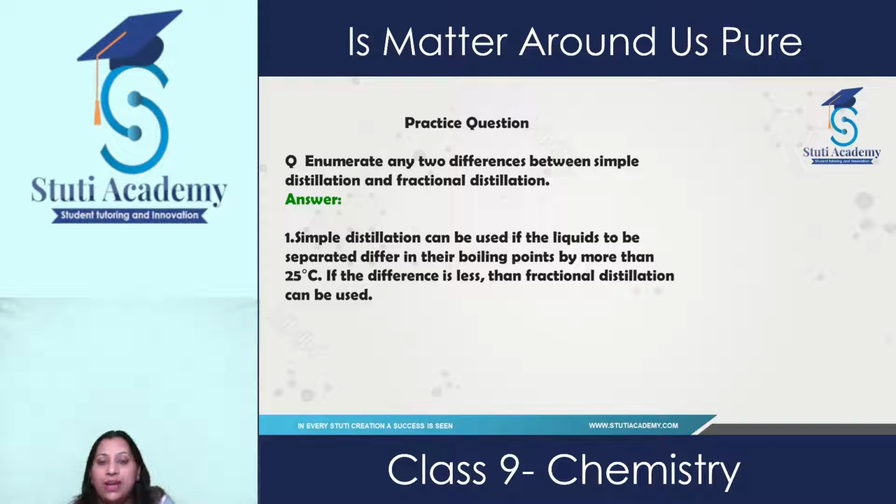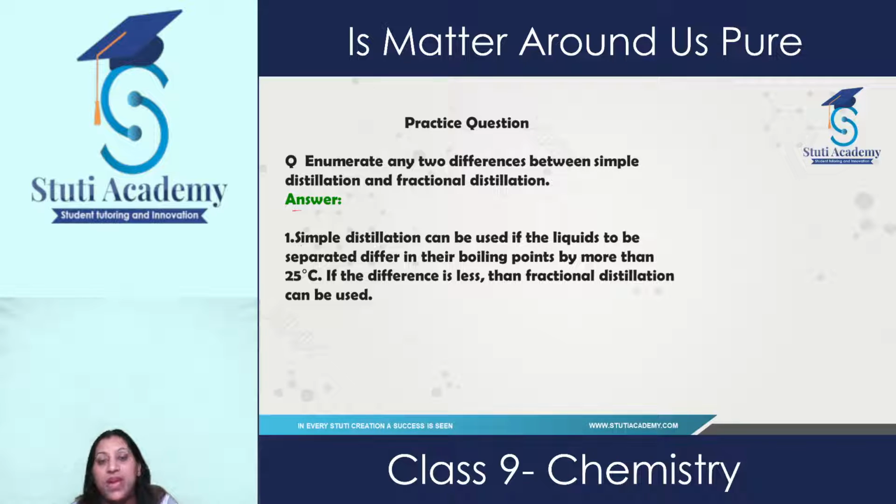And the question can come, enumerate any two differences between simple and fractional distillation. Here simple distillation means normal distillation which we are saying. Simple distillation we use for those liquids whose difference in the boiling point is more than 25 degrees Celsius, and fractional distillation we use for those liquids whose difference in boiling point is less than 25 degrees Celsius.